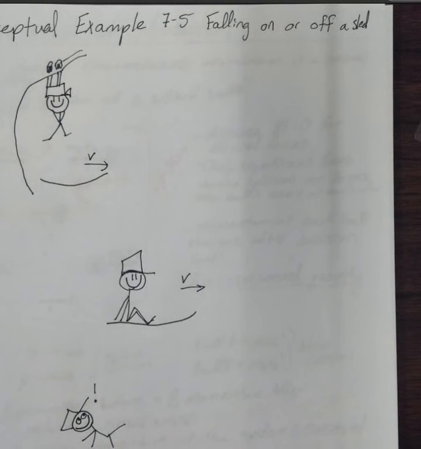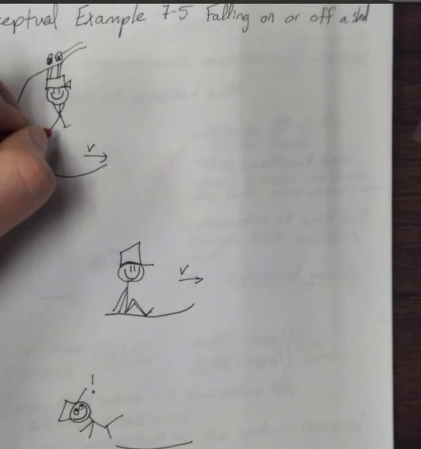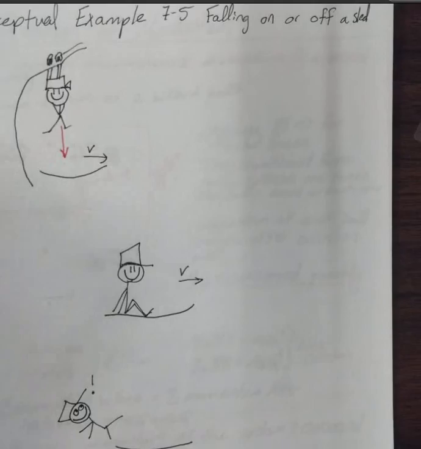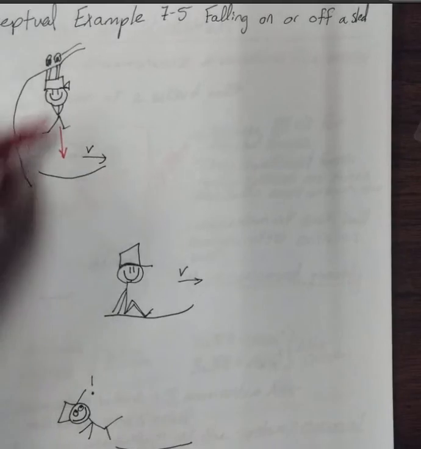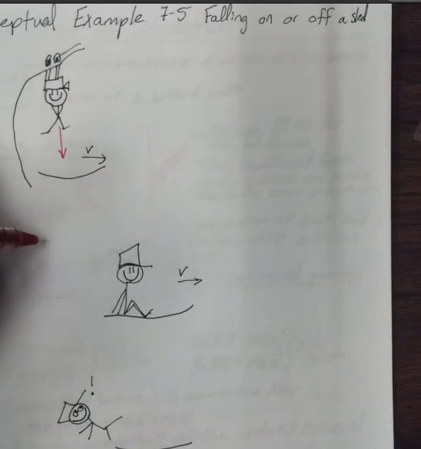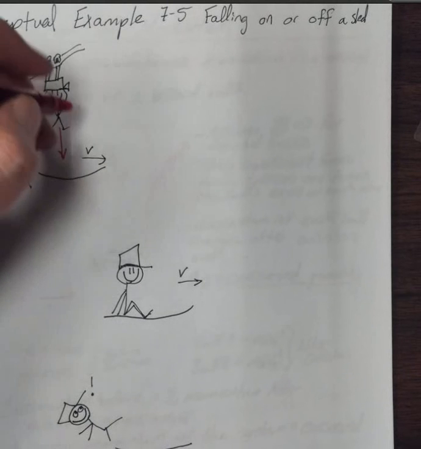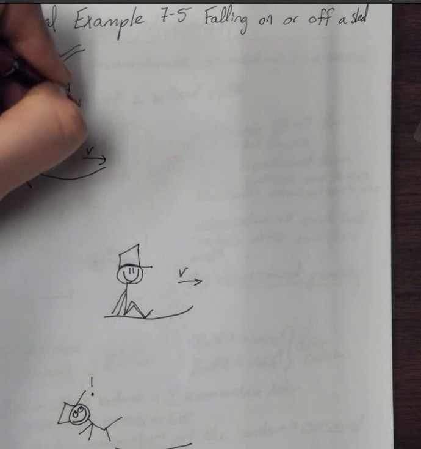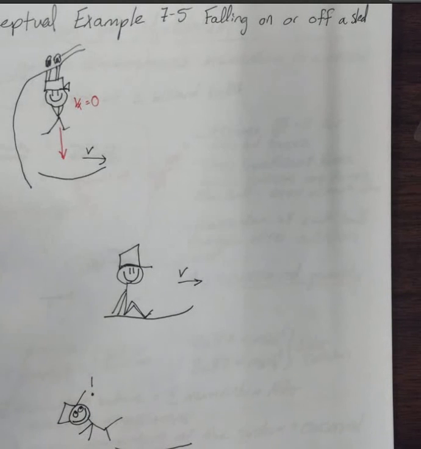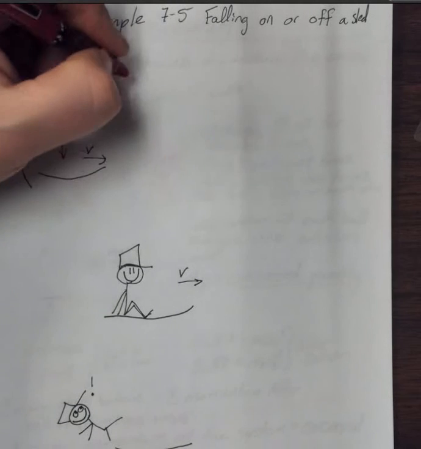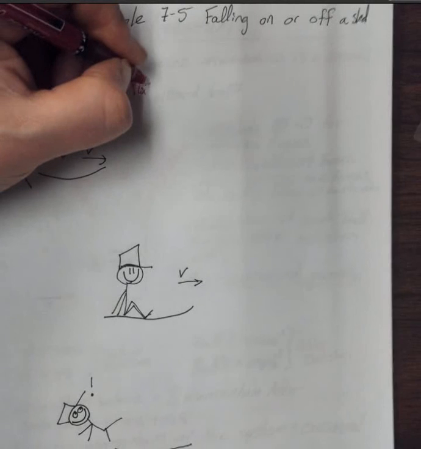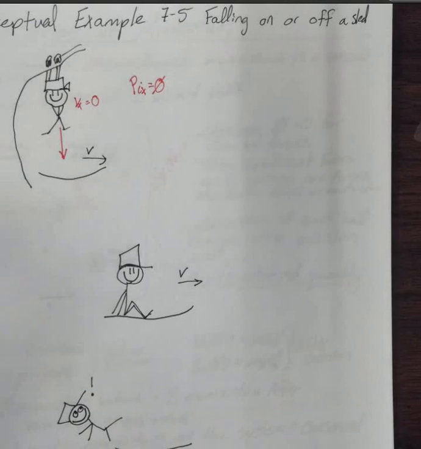So if Benny drops, then he's going to move down, and his velocity is going to be down in the y direction. He actually has absolutely no velocity in the x direction. That means that his initial momentum in the x direction should be equal to 0.